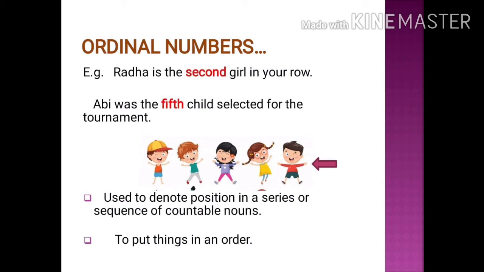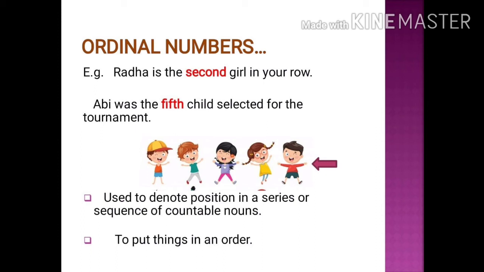So, ordinal numbers are used to denote position in a series or a sequence of countable nouns. What is the meaning of series and sequence, children? Look at the first example. Radha is seated in a row. Imagine the row is huge and many girls are seated one after another. Placing objects one after another is called sequence or series.